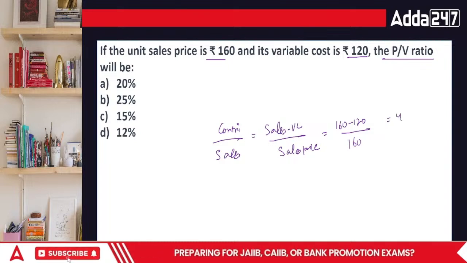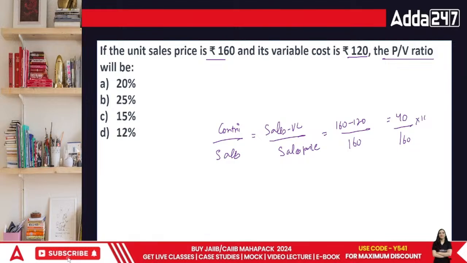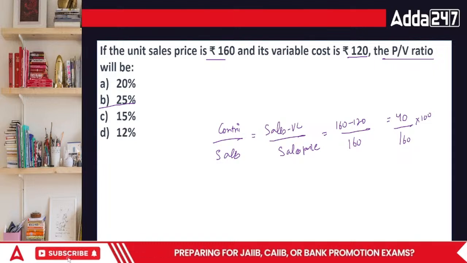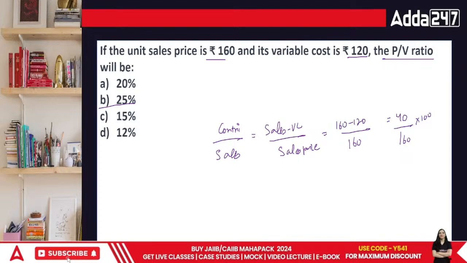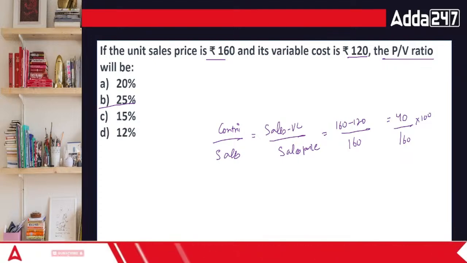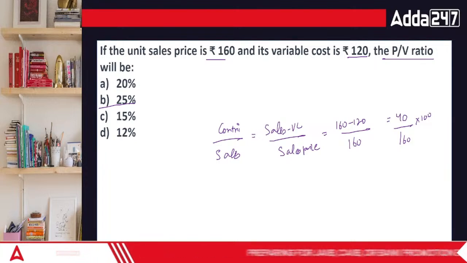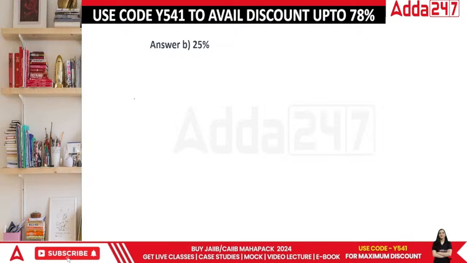This is equal to 40 divided by 160. So this gives you, multiplied by 100, 25%. Got the idea, everyone? Answer is 25%.